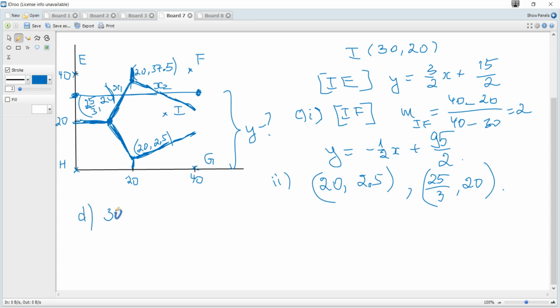the 30% of 40 is 12, and hence this 12 is x2 minus x1, but x2 corresponds to a point on the line which is the perpendicular bisector of IF. Where is it?